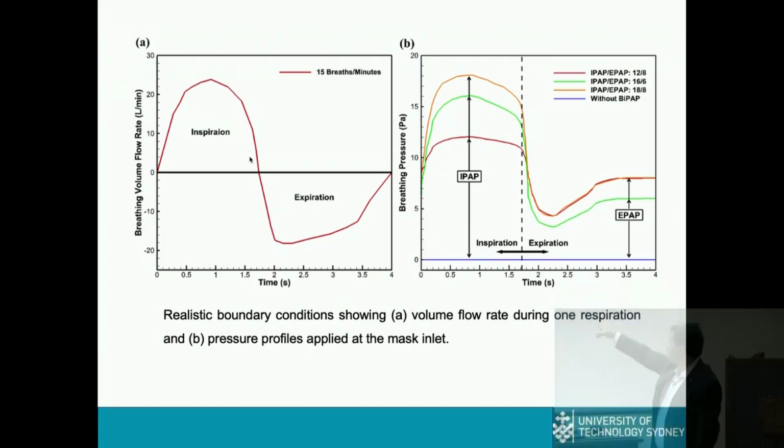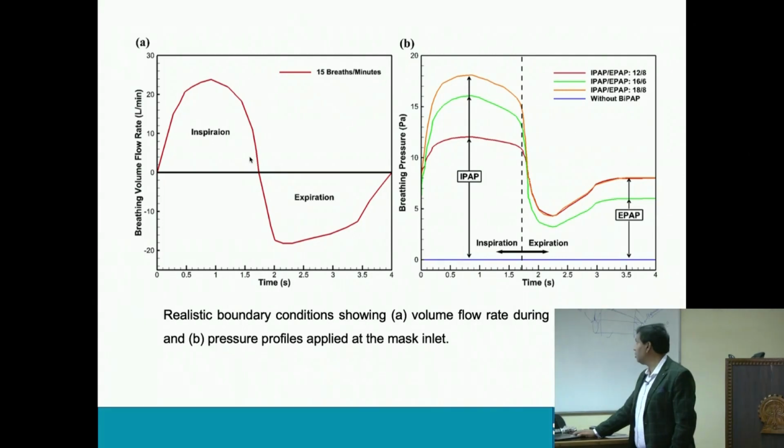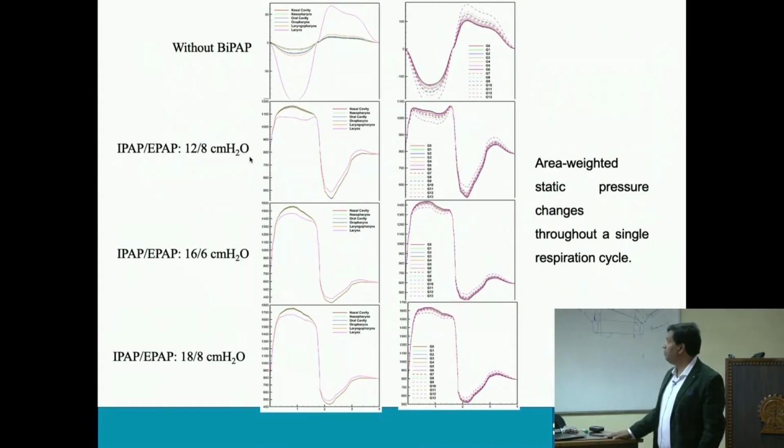So we just applied these, and this is without BiPAP. Without BiPAP we did not apply anything, so 0. Then we applied these three configurations and we just observed. These are the observations. Without BiPAP, and then IPAP by EPAP of 12 by 8 centimeter H2O, then 16 by 6, and then 18 by 8.